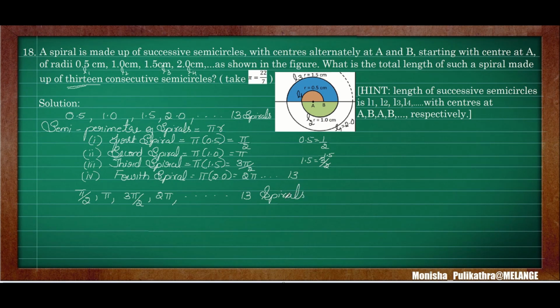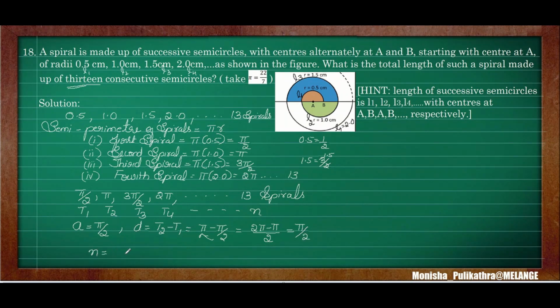These are the semi-perimeters of all the spirals given. So this one is T1, T2, T3, T4 up to n spirals. The first term will be pi by 2, and the common difference is T2 minus T1, that is pi minus pi by 2. So it will become 2 pi minus pi whole divided by 2, that is pi by 2. So the common difference is also pi by 2.